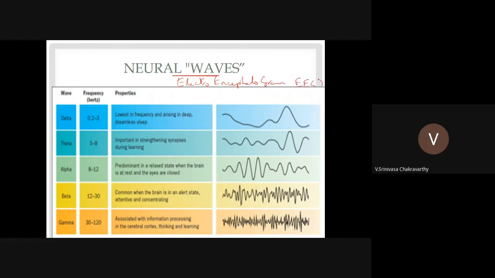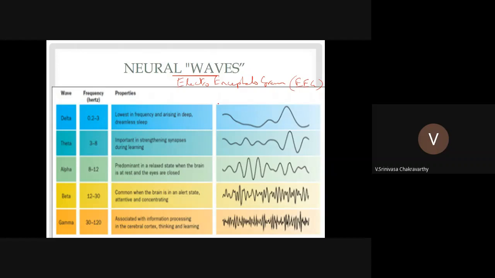This was first recorded more than 100 years ago by Hans Berger. If you analyze the signal and look at its spectrum, it's not flat. There are certain peaks in it.